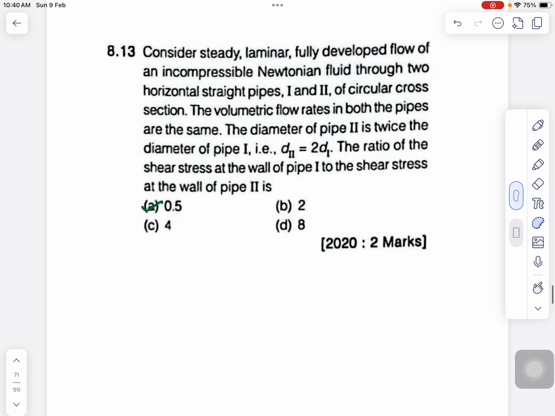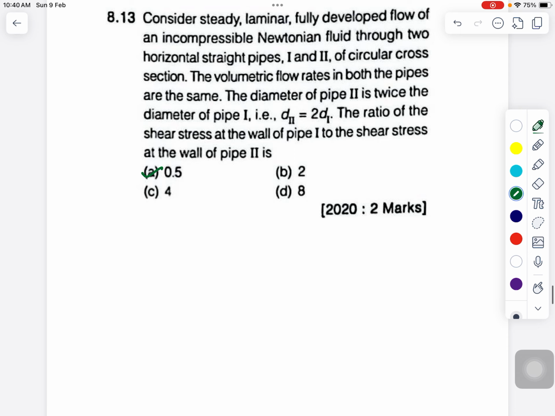Okay, so in this question you can see: consider a steady laminar fully developed flow of incompressible Newtonian fluid through two horizontal straight pipes 1 and 2 of circular cross section. The volumetric flow rate in both the pipes is the same, that is Q1 is equal to Q2.